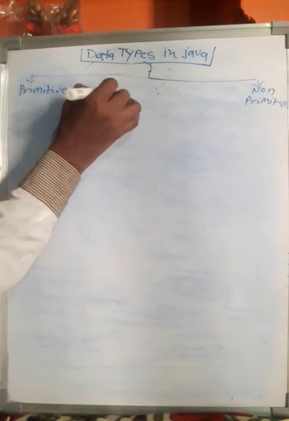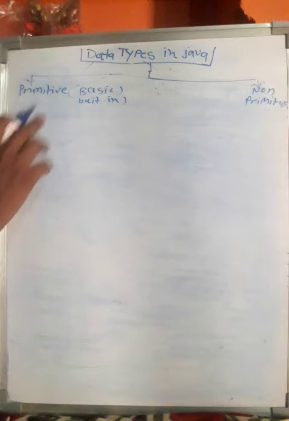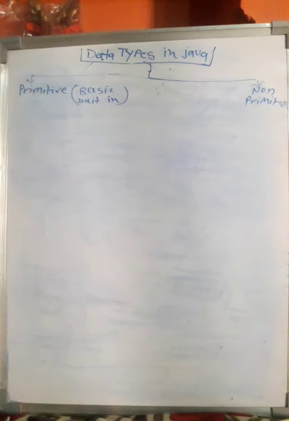Primitive means very basic or built-in data types.